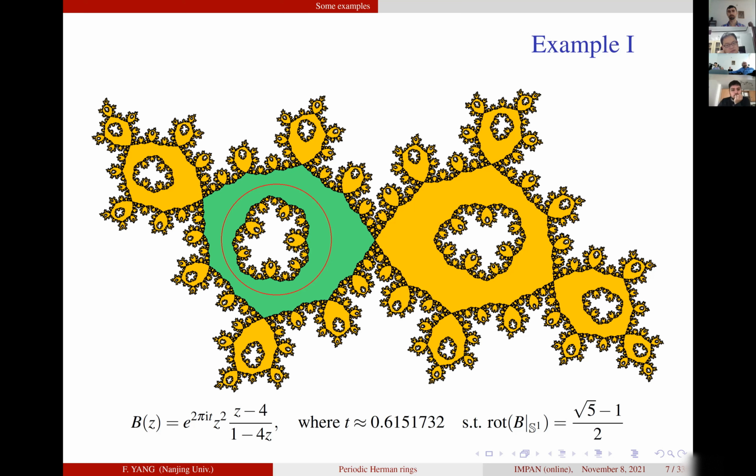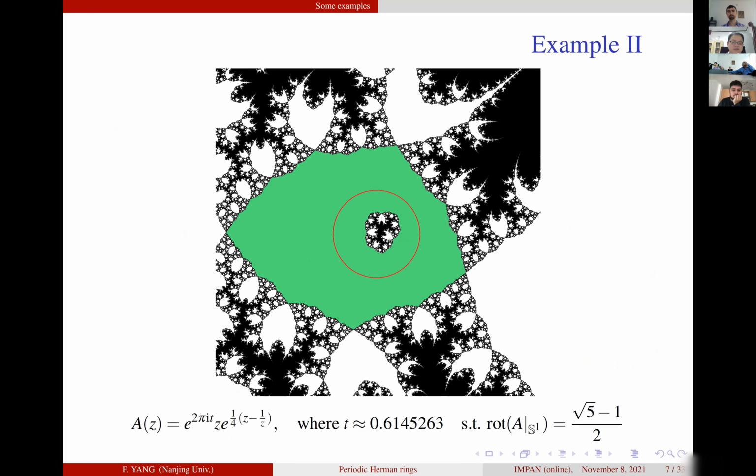The next example is a transcendental holomorphic function defined from the punctured plane to itself. It is written as e^{2πit} times z times e^{(a/2)(z - 1/z)}, with a parameter a over 2. If a belongs to the interval from 0 to 1, then this map is a homeomorphism from the unit circle to itself.